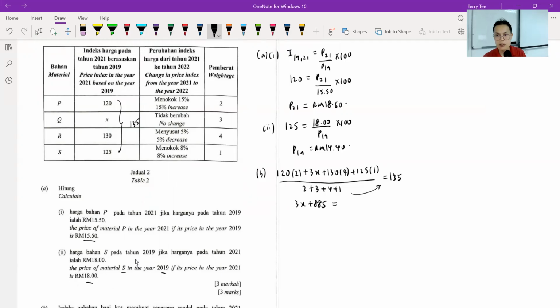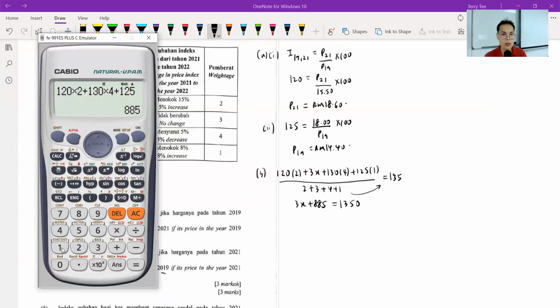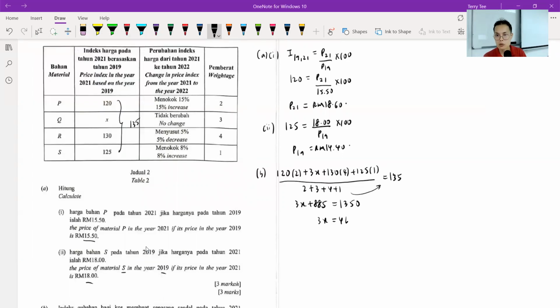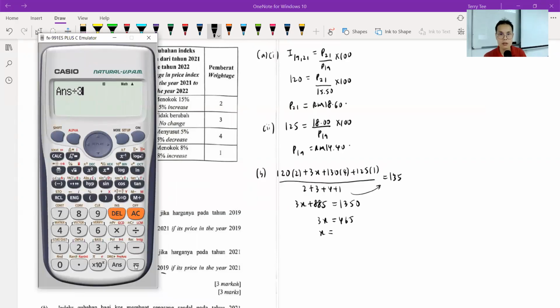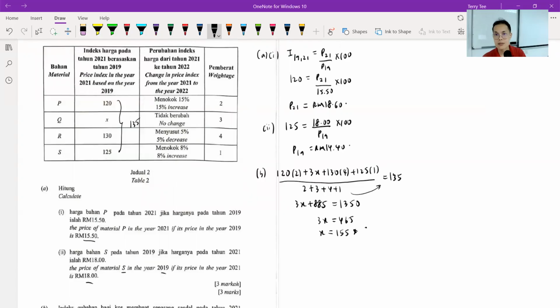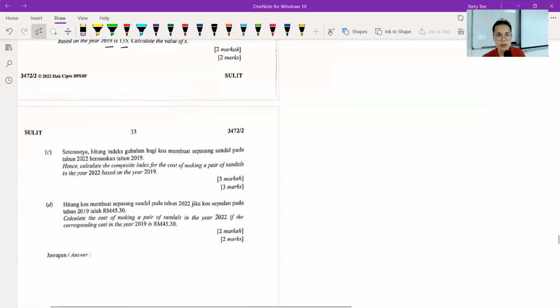Then I multiply over, it's going to give us 1350. So 1350 minus 885 is 465. You divide by 3, 465 divided by 3, x is 155. Okay, simple.